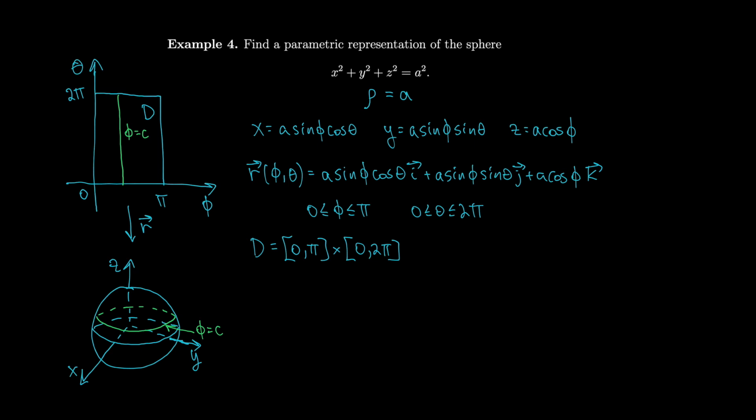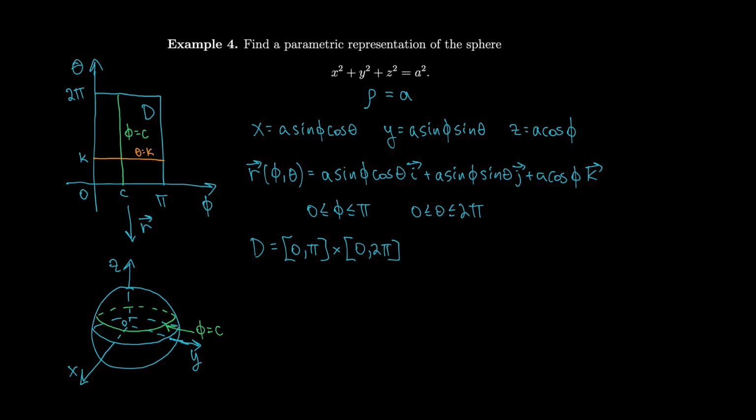How about I put in, oh, I almost forgot to put my origin, doesn't really matter so much though. How about I put in if theta is a constant. So let's see, I need another color. How about I make this for constant theta? So I'll make this theta equals k because I already used c. So then over here on the phi axis this is c, and over here on the theta axis this is k.